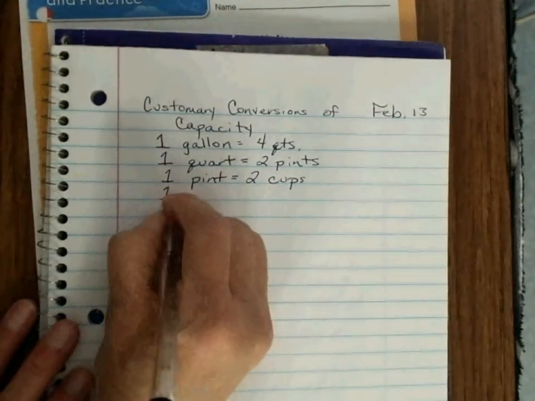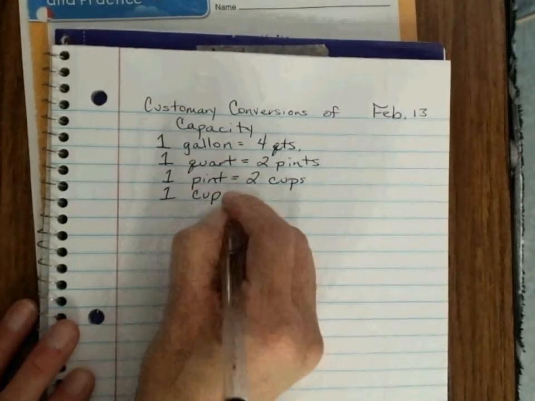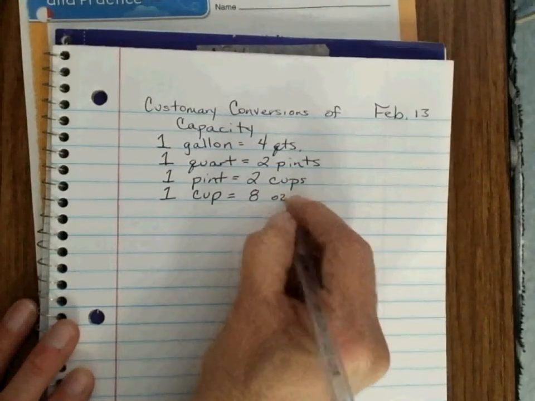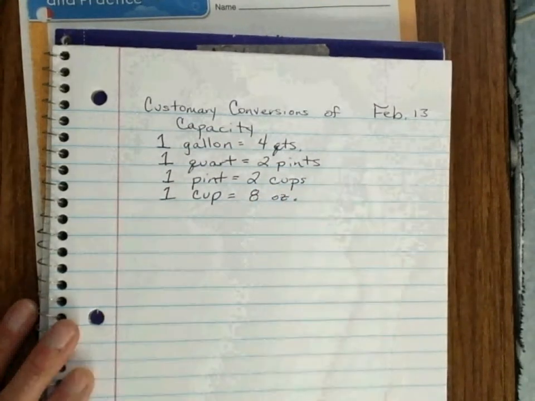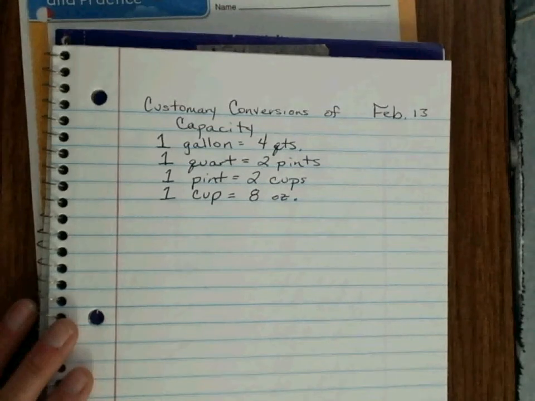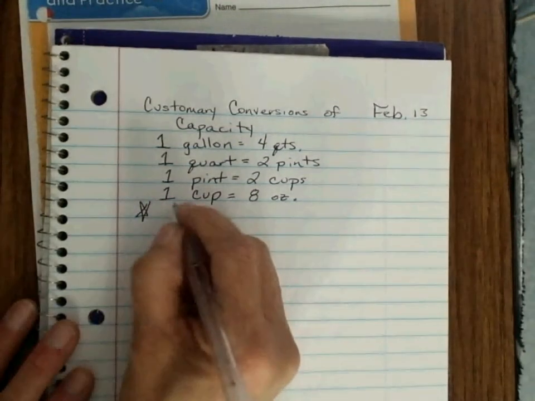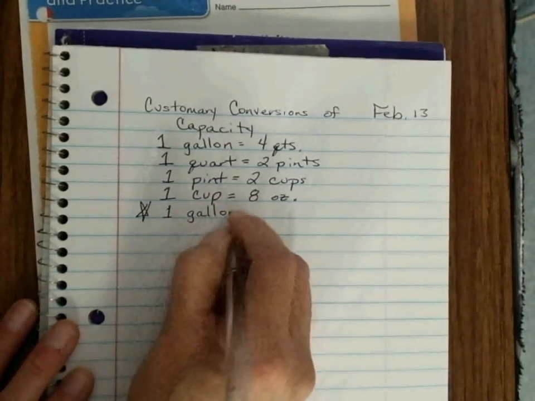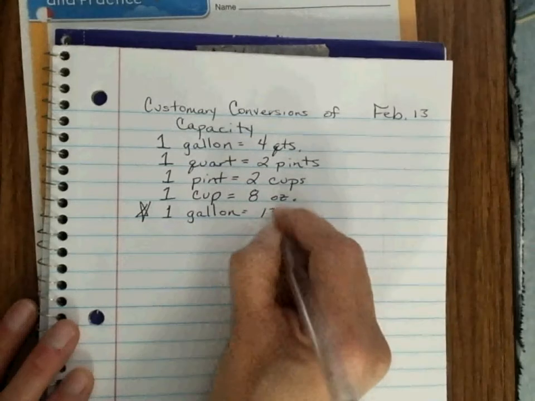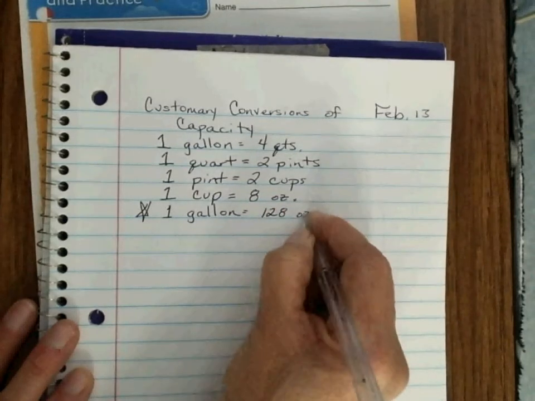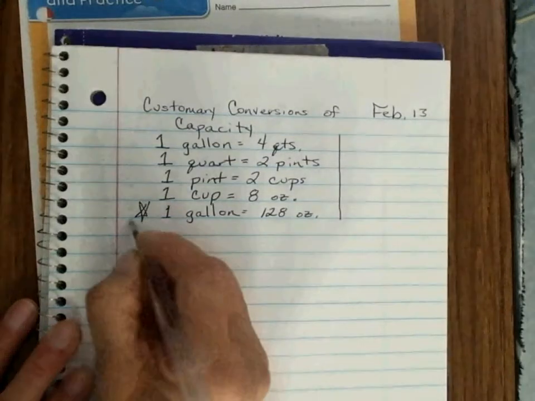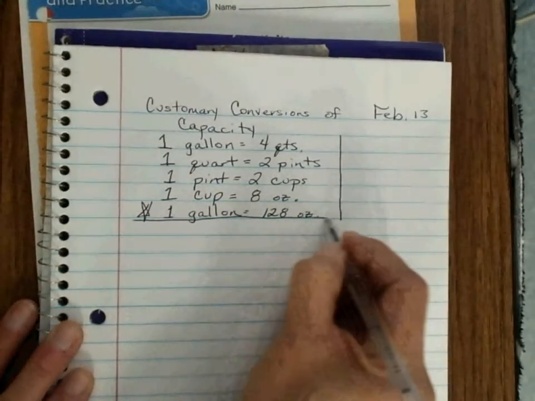One cup is 8 ounces. And then 1 gallon equals 128 ounces. Okay, those are the conversions that you're going to need to know.